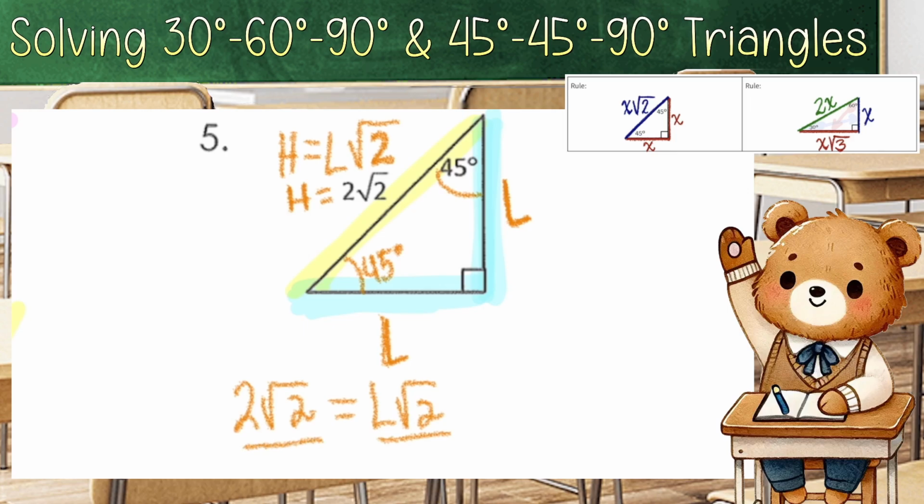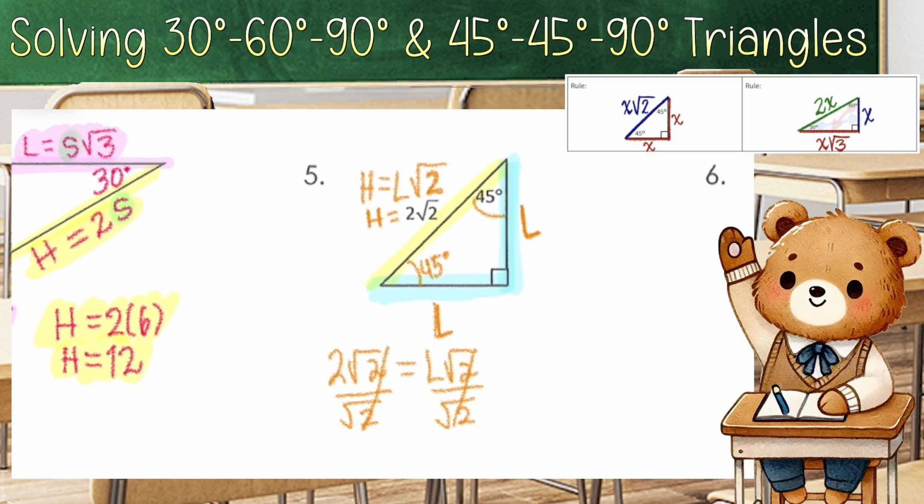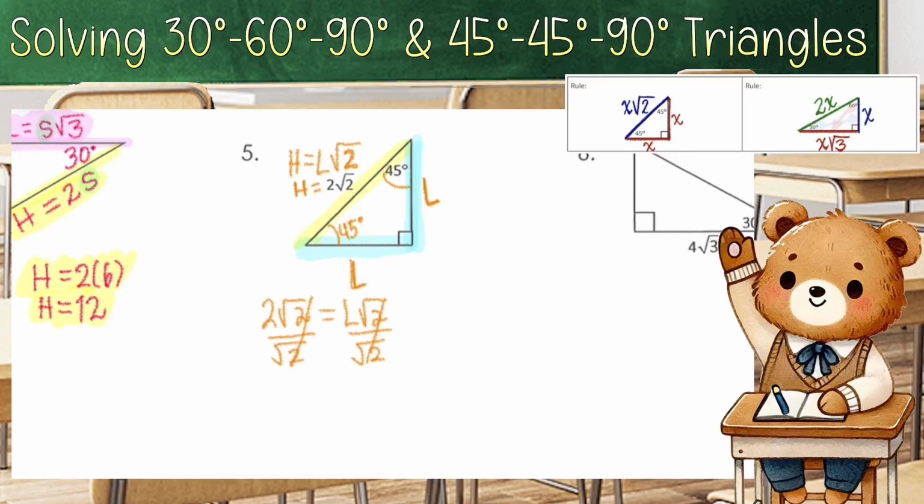Divide both sides by root 2, reduce, and that leaves us with L. I'll rewrite it on the left because it's a little nicer: L equals 2. Is there anything we could clean up? Not so much. So L is 2, and that found us our 2 missing sides.